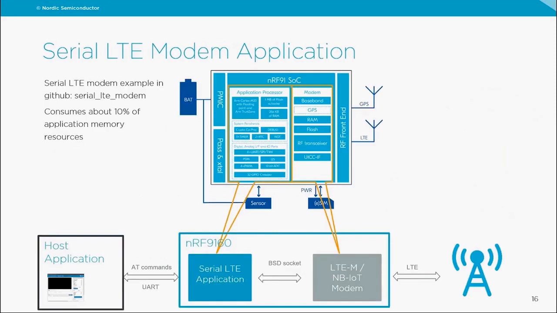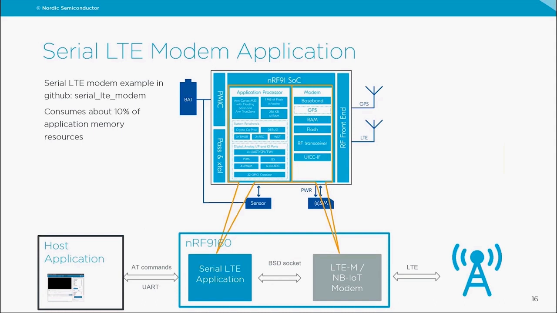So what do we have? The serial LTE modem application is in GitHub under that name. It consumes about 10% of application memory resources out of the box. Once you start adding functionality to it, of course, you will start consuming more of the memory.